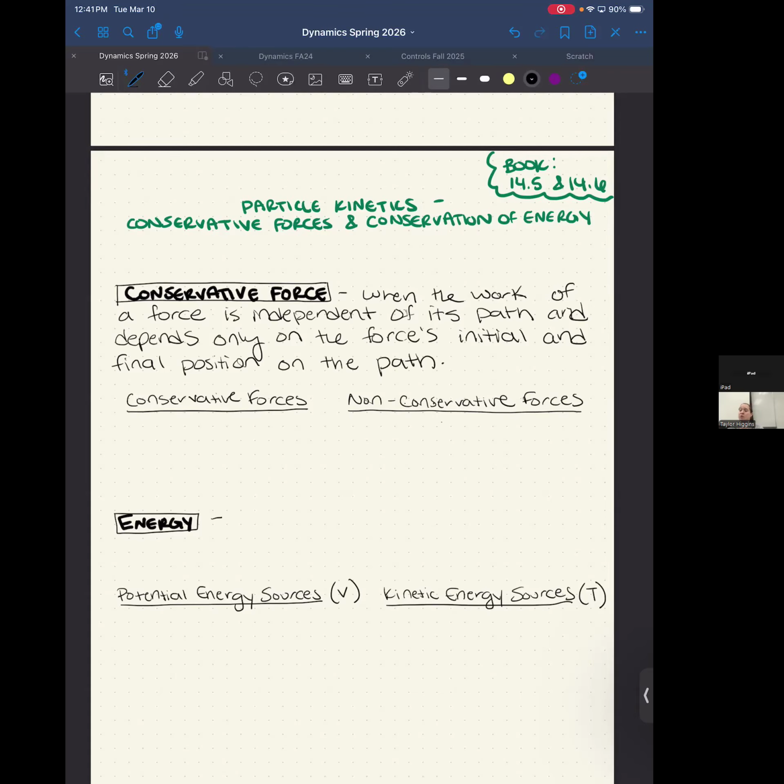Some examples of conservative forces we've actually already seen both of them. Weight is a conservative force. When we took the work done by the force of gravity, we cared only about the initial height and the final height of our object. In no way did we consider anything that happened between those two points. And then spring force is also conservative, so the force by a linear Hooke's law spring.